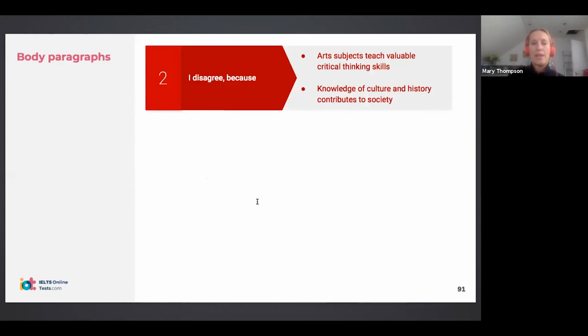Okay, so then looking at the body paragraphs, you're basically extracting those two reasons from the thesis statement and you're going on to discuss them. Okay, so the first one, you need to start with a topic sentence. Just leading into it, it's nice to use a phrase like "first of all."